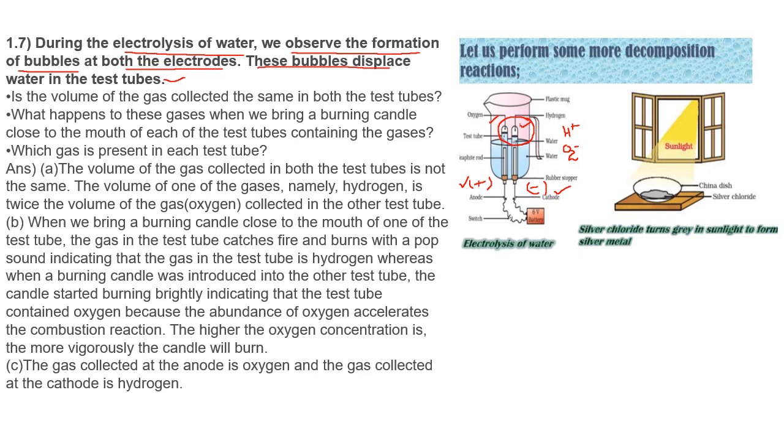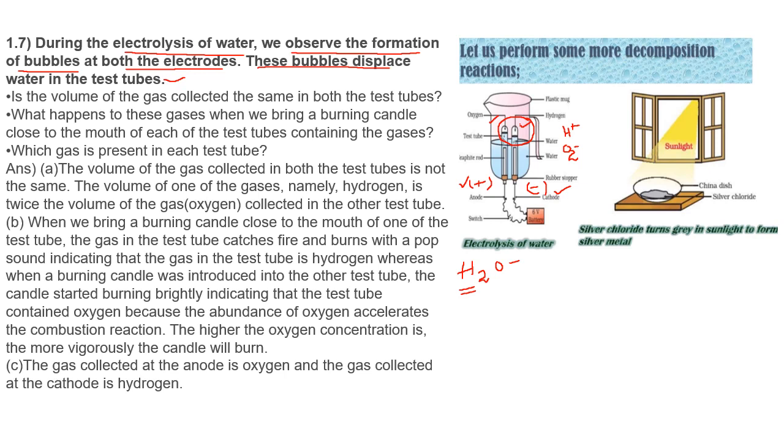And you can see the difference in the volume of the two gases. And if I write a formula of H2O, in this, two hydrogen atoms are present and one oxygen atom is present. So definitely the amount of hydrogen gas is more as compared to the oxygen. So you can read the answer carefully later on, pause it, read it carefully, and you can write the answer.